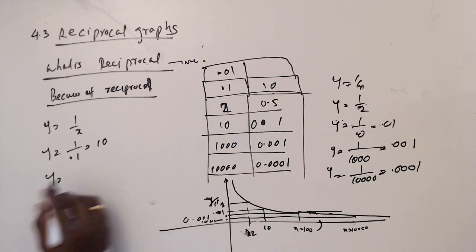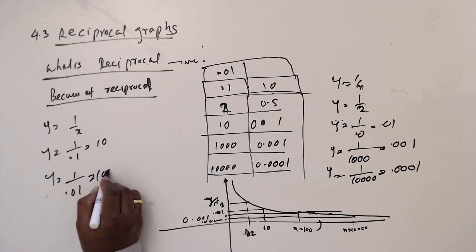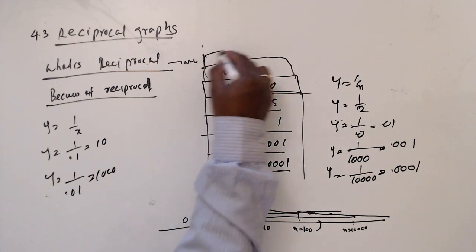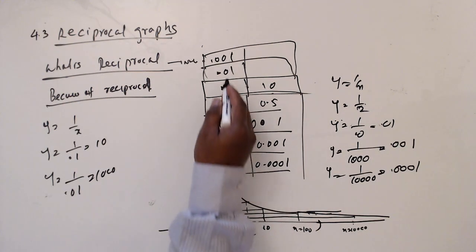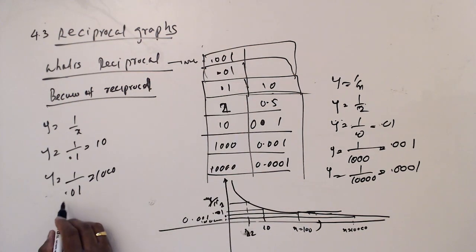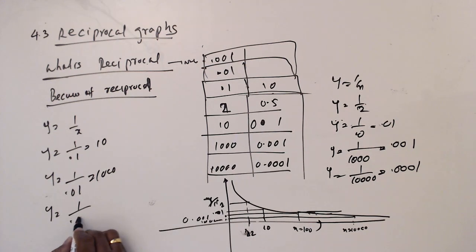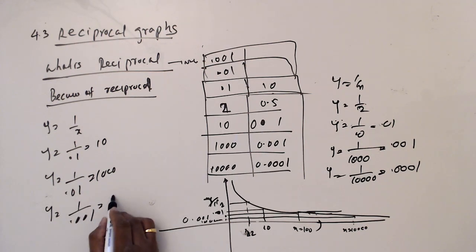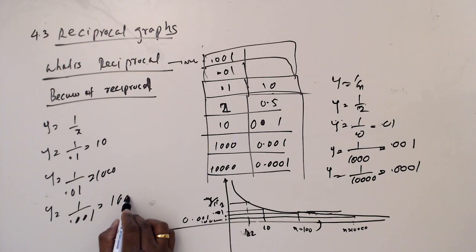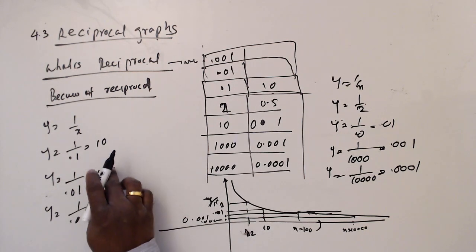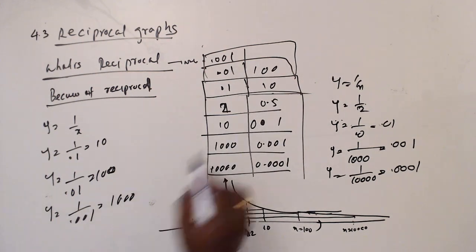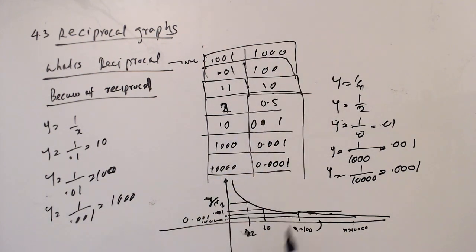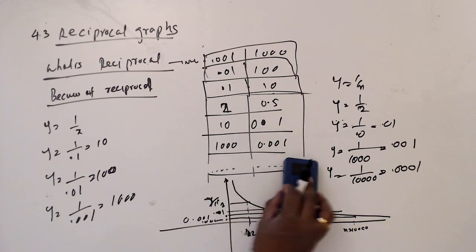This becomes 1 over 0.01, which is 100. Then 0.001. Now I am making x smaller, and y becomes 1000.